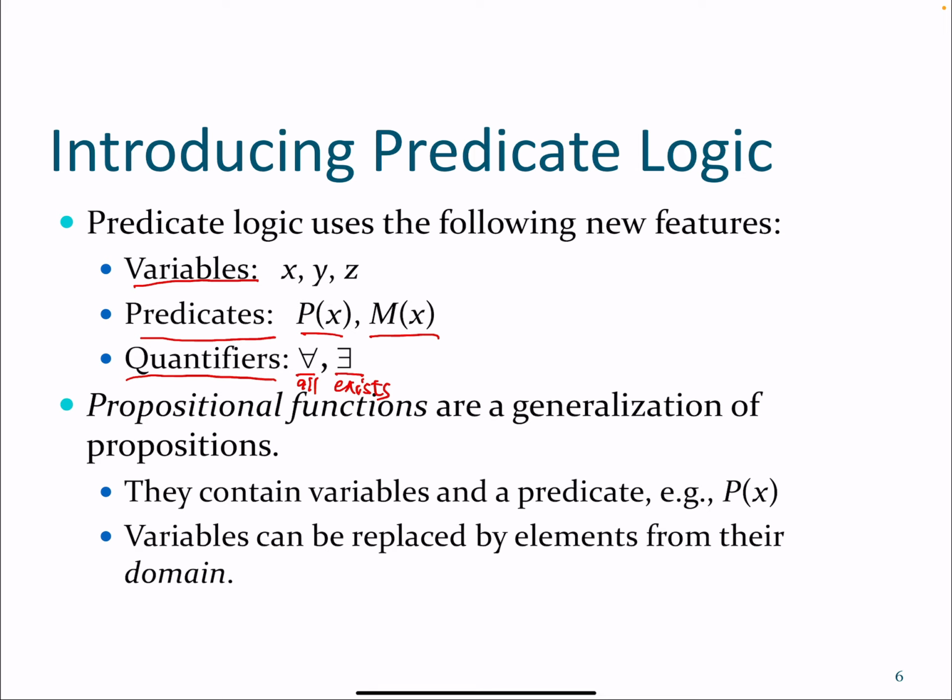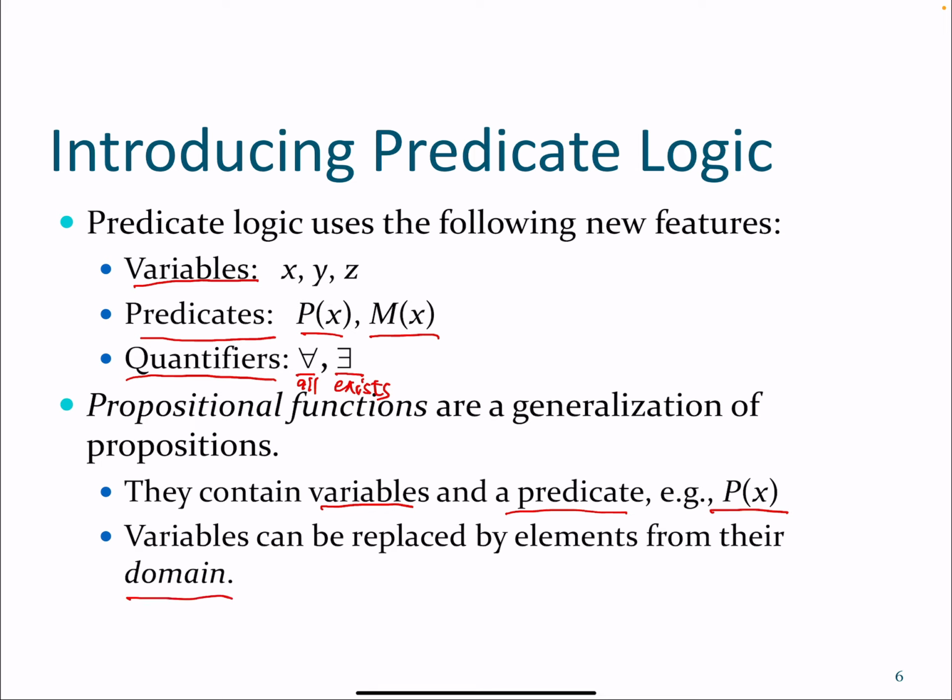The propositional functions are a generalization of propositions. The propositional functions here are actually the predicates with the variable x in it. So x is a variable, and there is a predicate, so P(x) is a propositional function. x, which is a variable, can be replaced by elements from its domain.